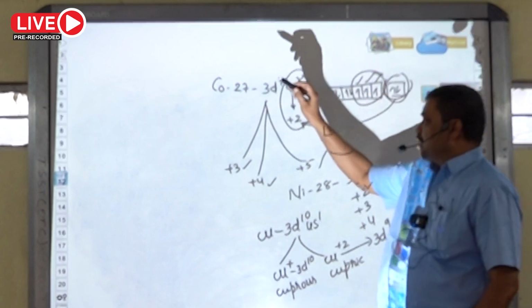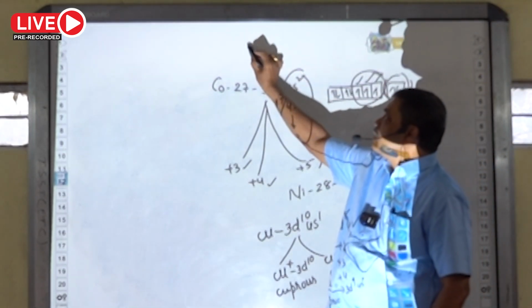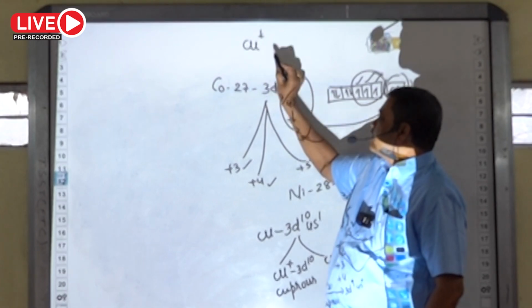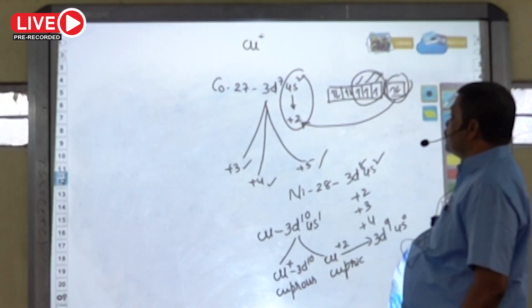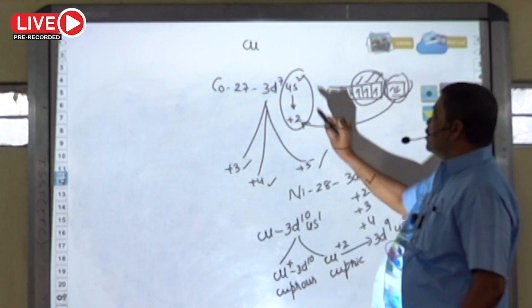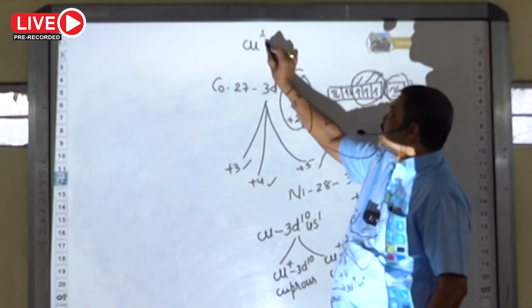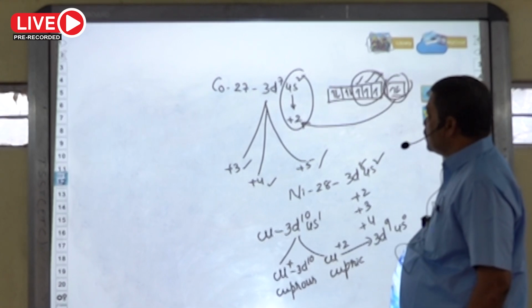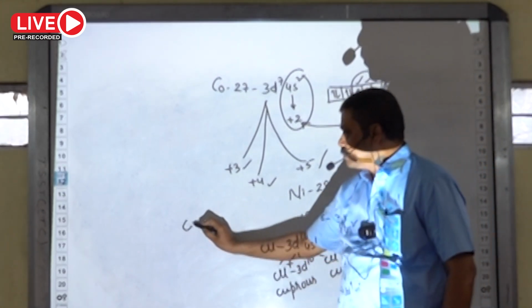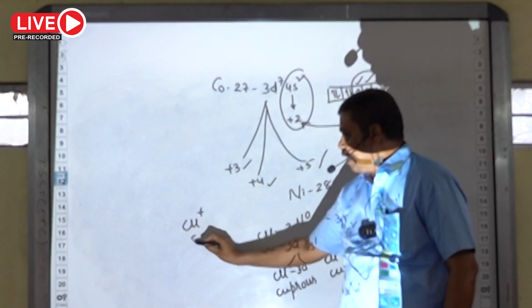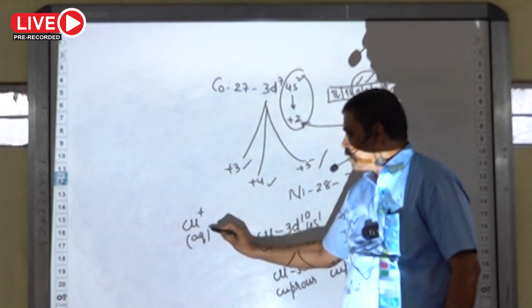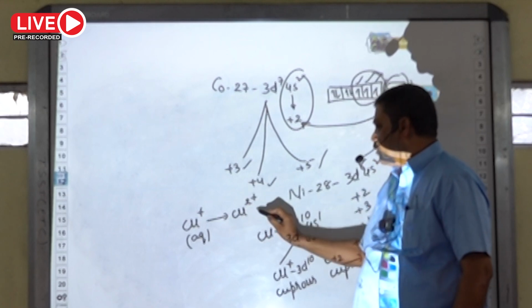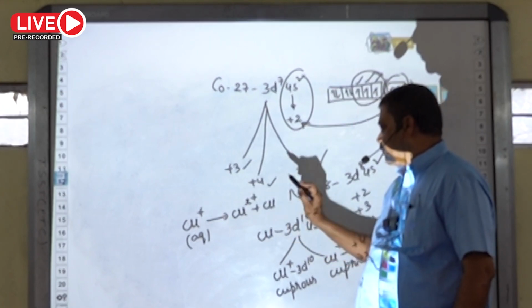That's why cuprous ions, Cu+ aqueous, disproportionate into cupric and copper.